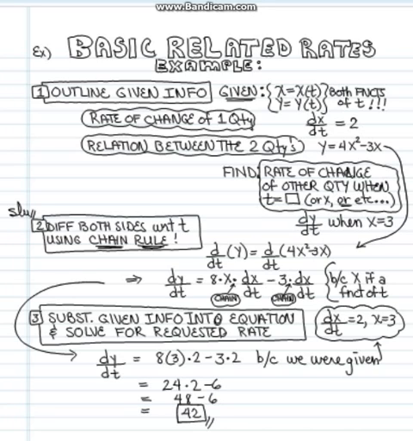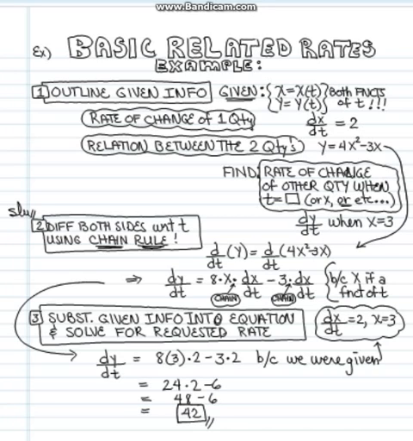The relationship between the two quantities is y equals 4x squared minus 3x. And then we're asked to find the rate of change of the other quantity. They already gave us dx/dt, and they're asking us to find dy/dt for a particular value of the variable, x equals 3. Okay, that's all given information.